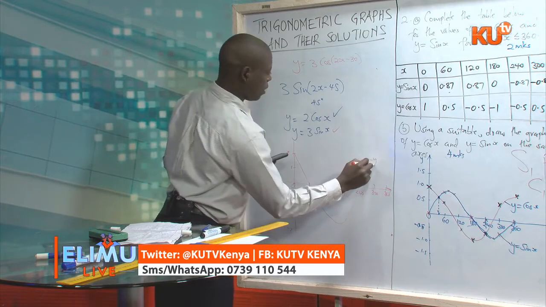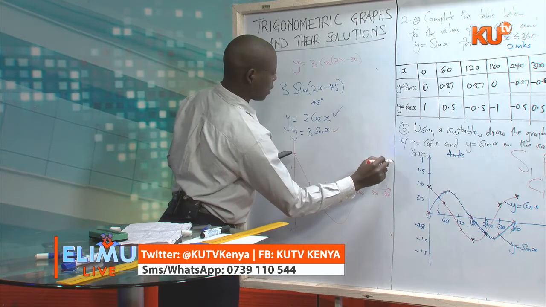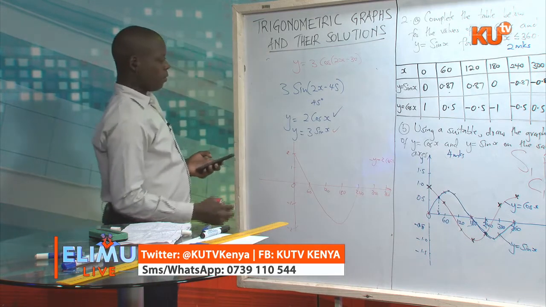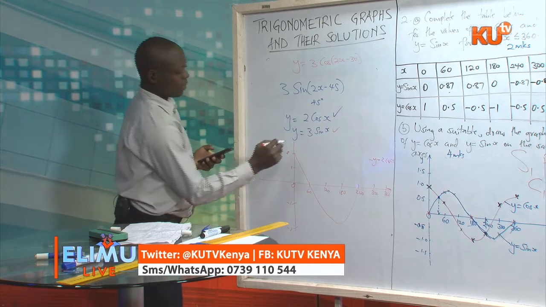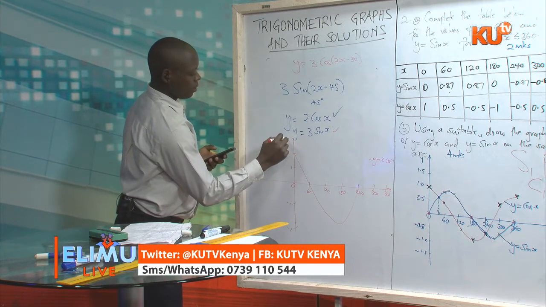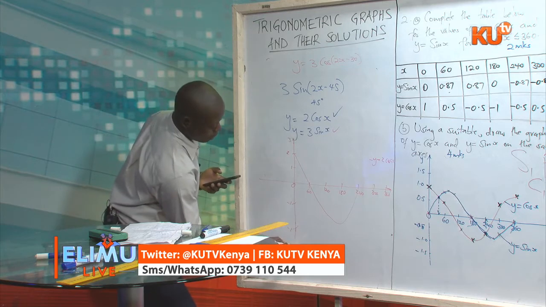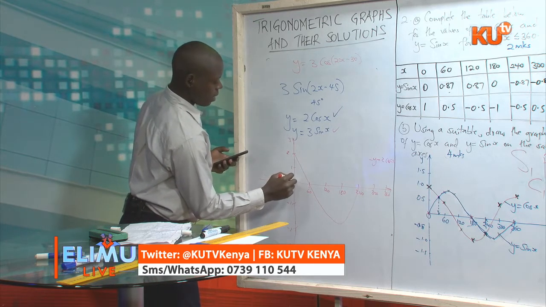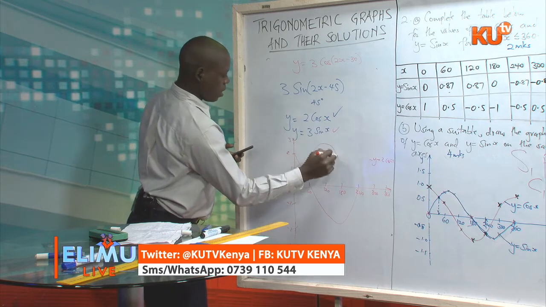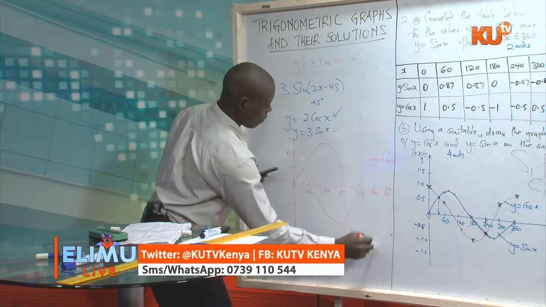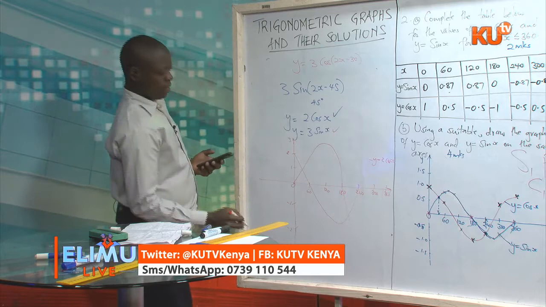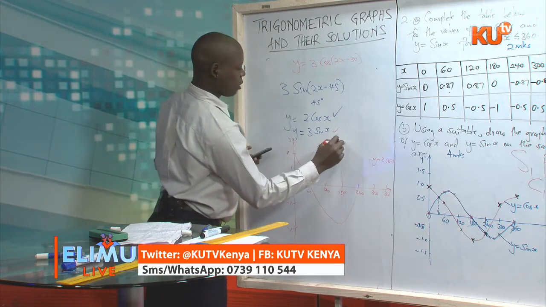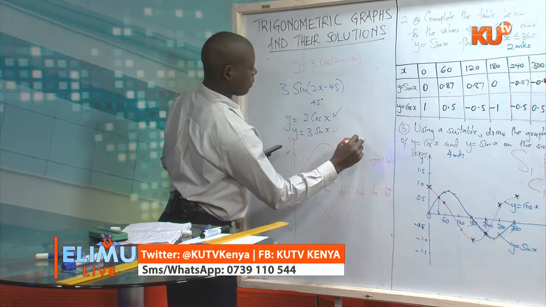This is y is equal to 2 cos x. And if you draw y is equal to 3 sine x, this is 3, and this is -3. This is how the graph will run. This is the graph y is equal to 3 sine x.